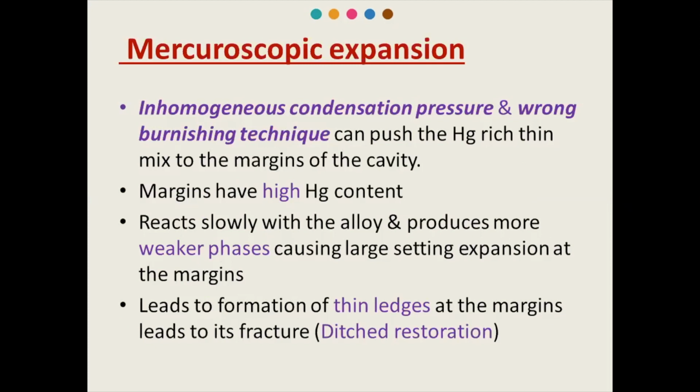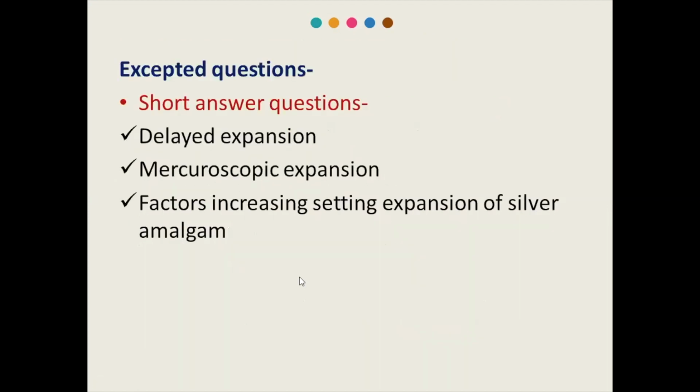These margins have high mercury content, and this mercury reacts slowly with the alloy and produces more weaker phases, causing large setting expansion at the margins, which leads to the formation of thin ledges at the margins, and it leads to fractures. If it is fractured at the margins, it is known as a ditched restoration. This all happens because of excess mercury at the margins.